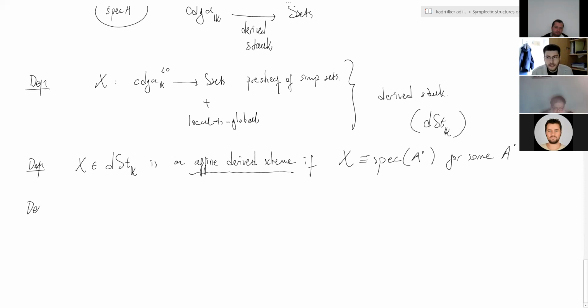And similarly, you can define a derived scheme in a very similar way as in usual algebraic geometry: if it can be covered by Zariski open affine derived K schemes, then you have a derived scheme.